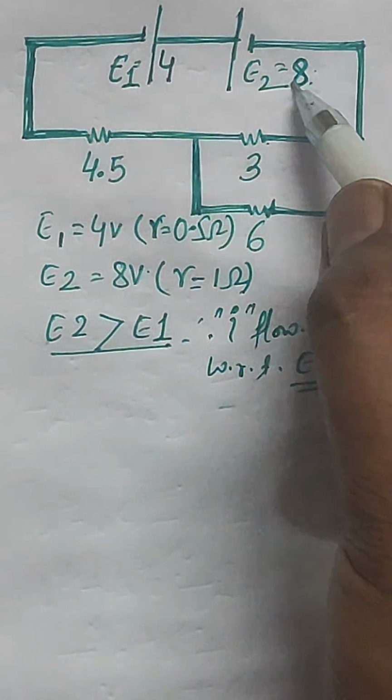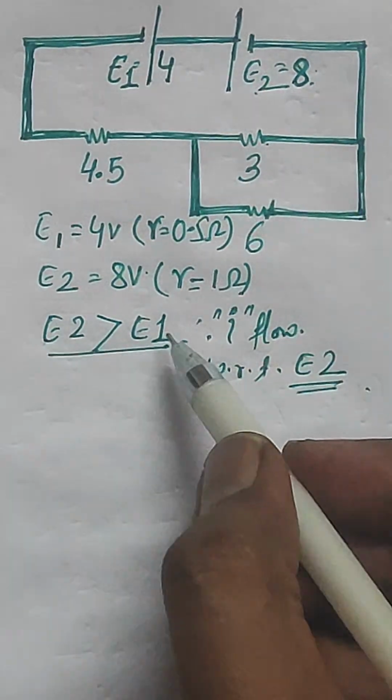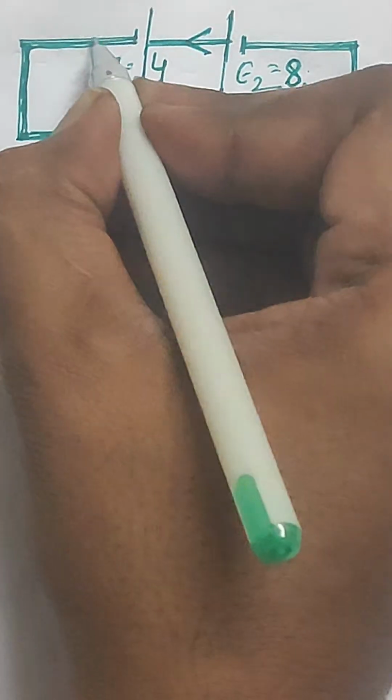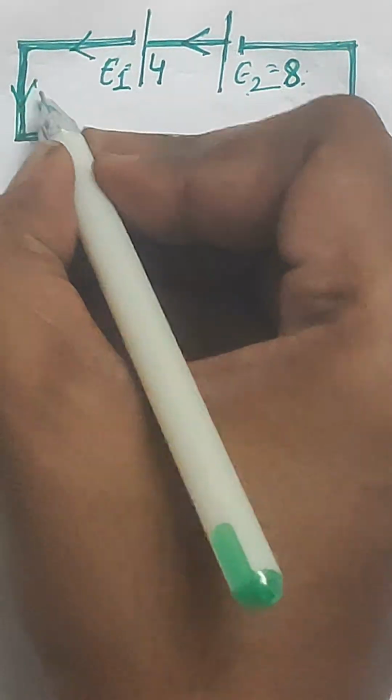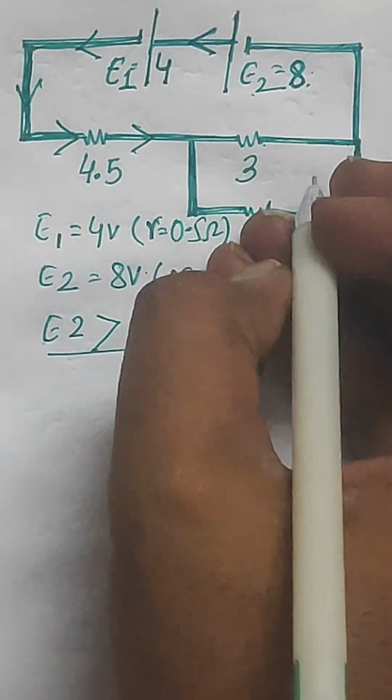Why E2? Because E2 is greater than E1, so the current will be flowing like this, like this, like this.